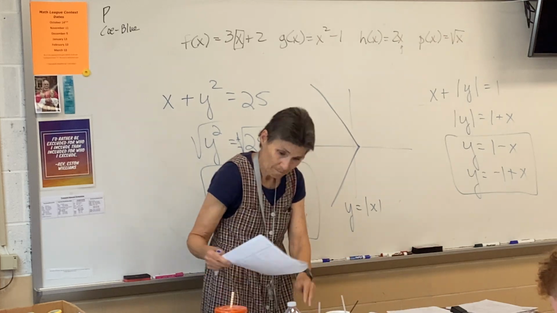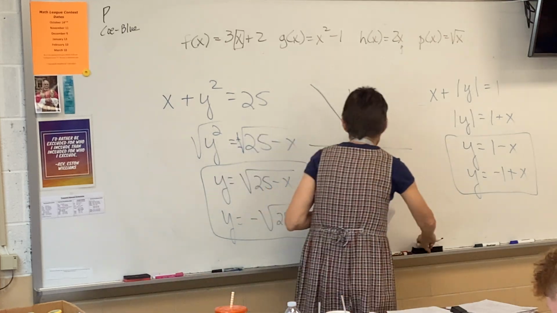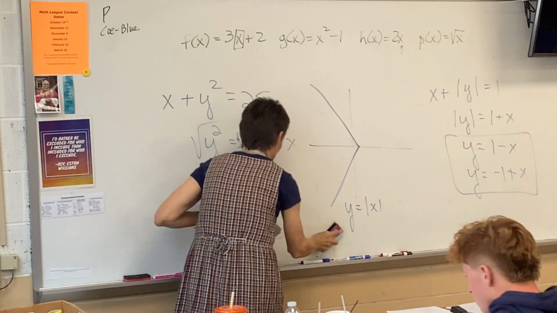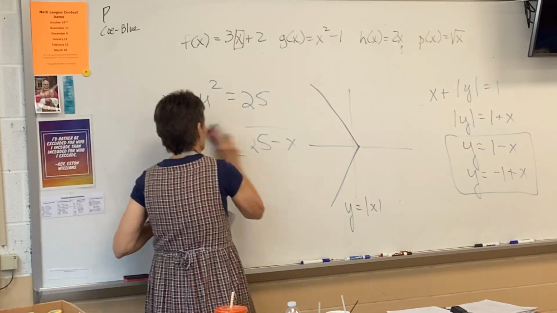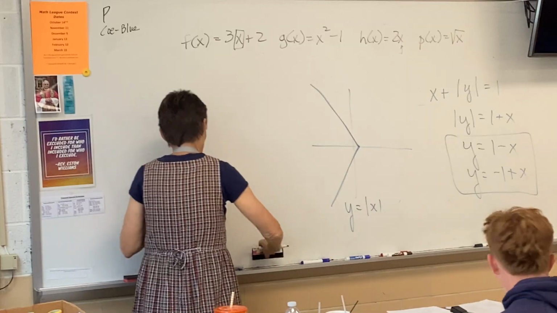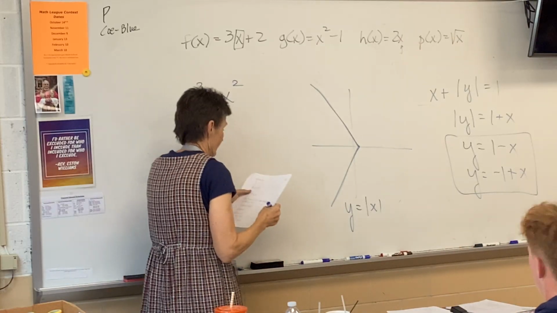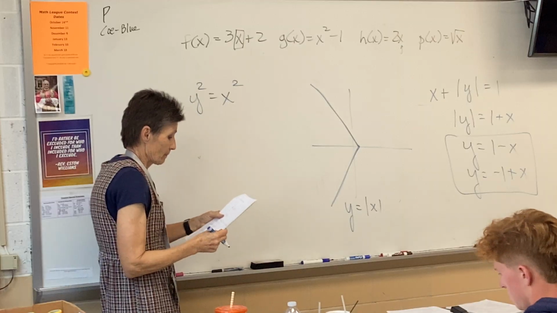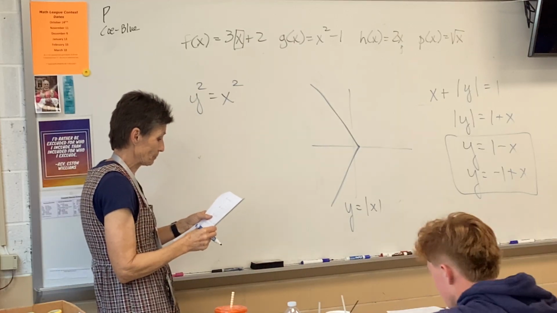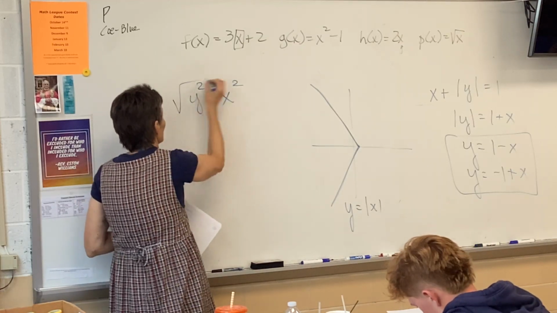Stay with me. Negative x and positive x. All right, what do you think about this one? Square both sides. y equals negative x, y equals positive x.